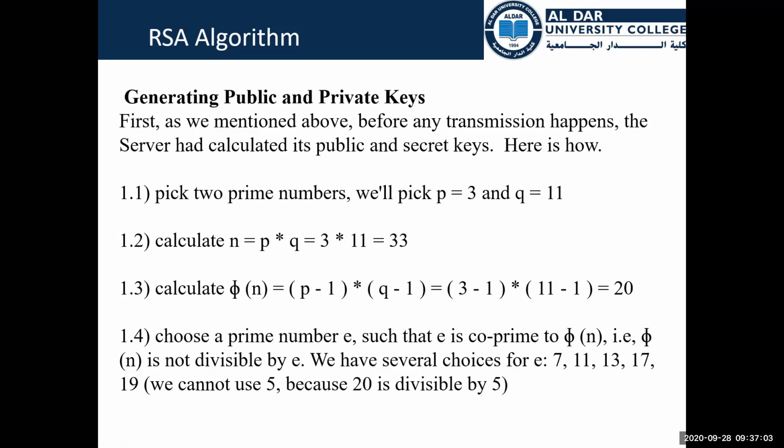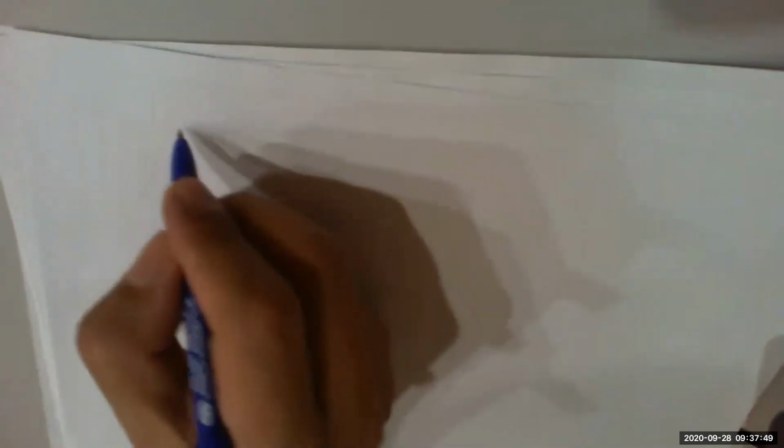I will introduce this example in more detail in my handwriting. I think it's better to use my handwriting to make you understand the concept more easily. Okay, so we follow the procedure of RSA.